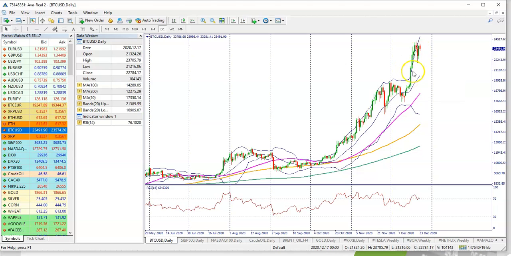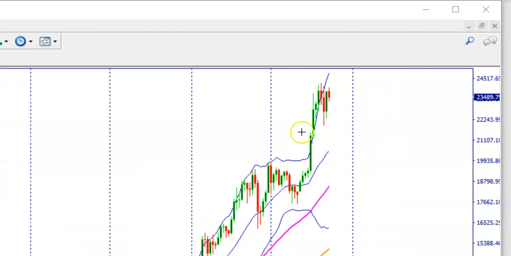Now, what it shows is that the price pierced above the upper band of the Bollinger Band, and that means the price has gone just too far and too fast, so retracement is due.